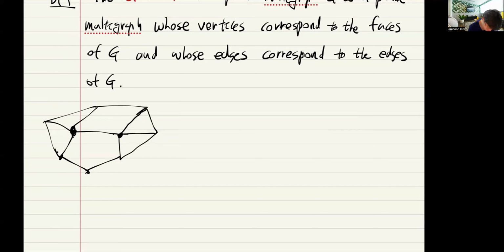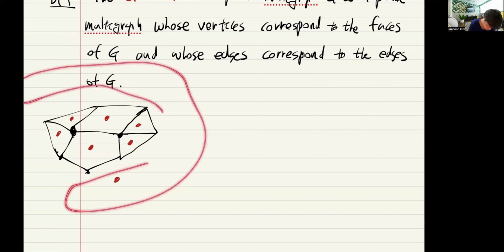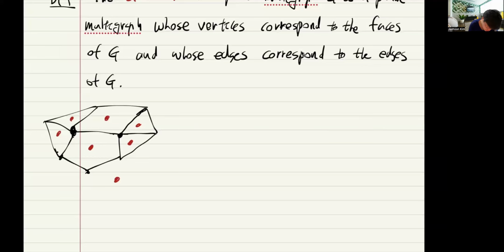What you do is for each face, you draw a new vertex. This vertex corresponds to the face. So the outside face corresponds to here, and then this here, and this here. And whenever two faces share a boundary, you add an edge, which crosses this edge. So this new green edge crosses this old black edge.